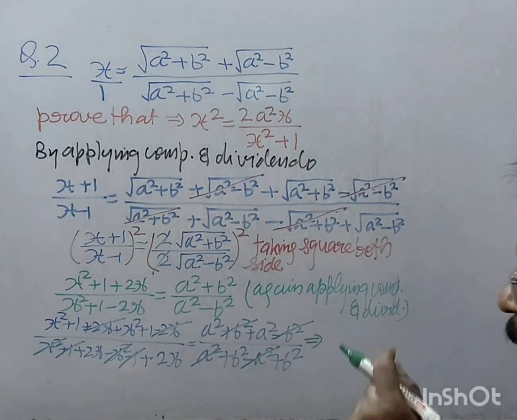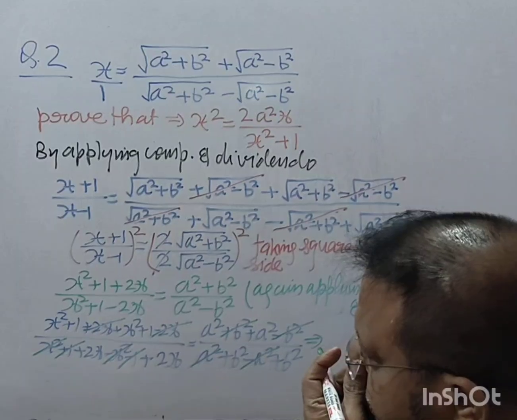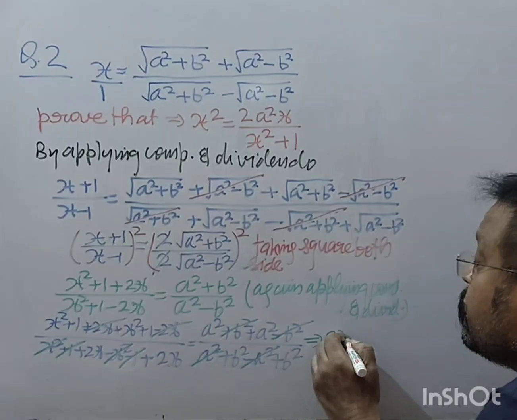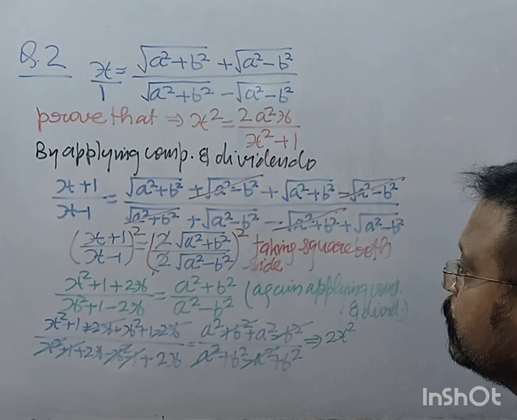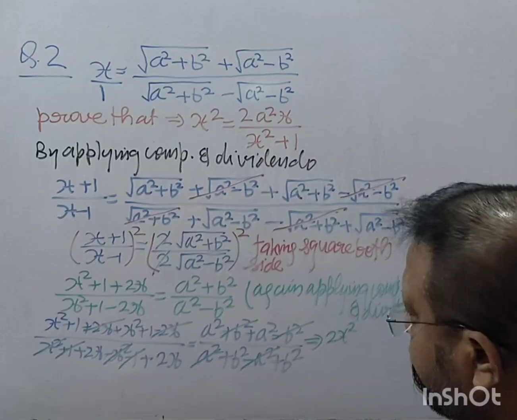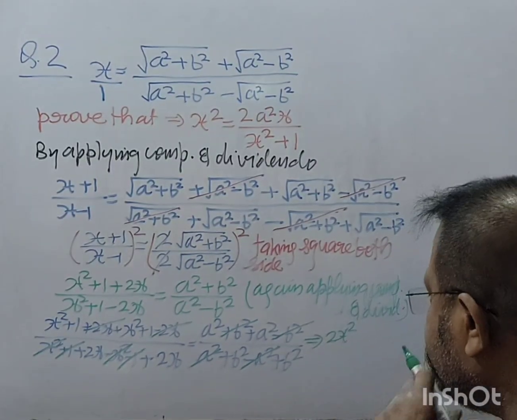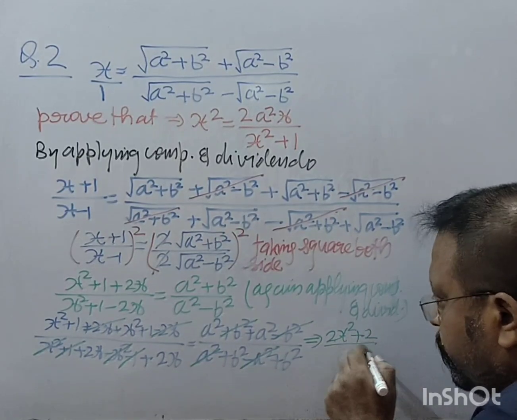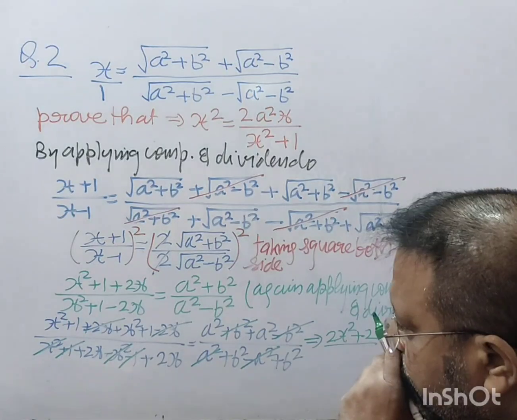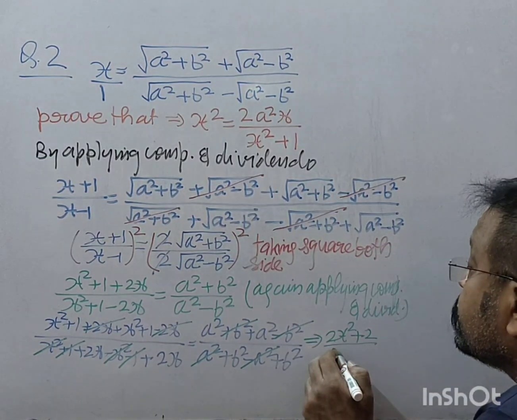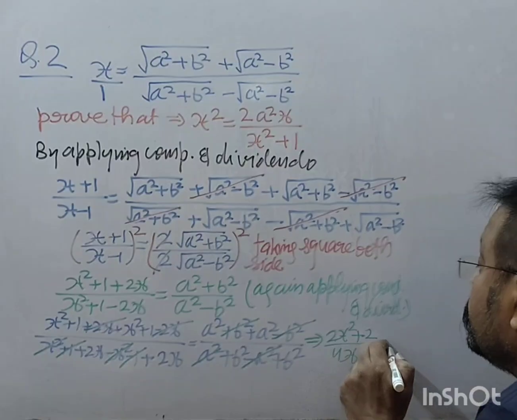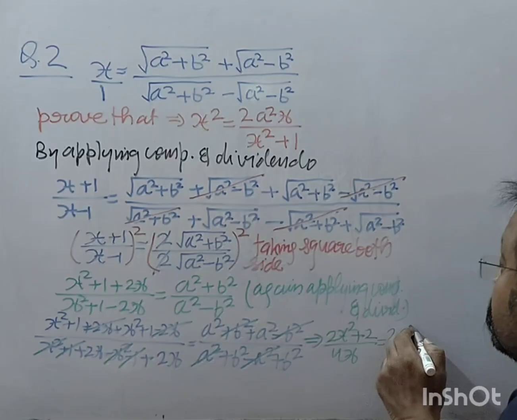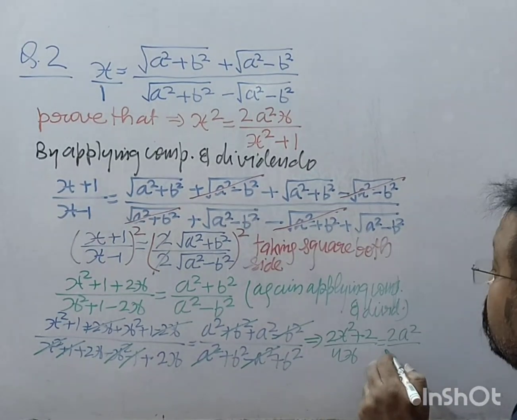You get 2x square plus 2 upon 4x is equal to how much? 2a square upon 2b square.